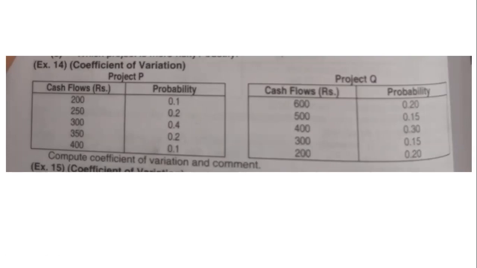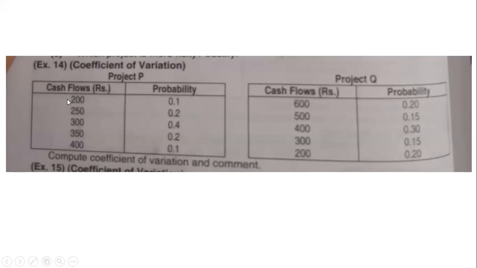What is the formula of coefficient of variation? Standard deviation as numerator divided by expected value. If you total all 5 figures of cash inflows and divide by 5, you will get mean cash inflow, which is nothing but expected value.